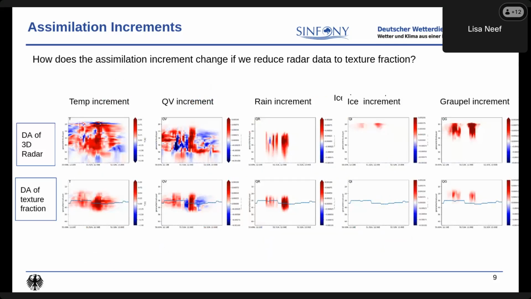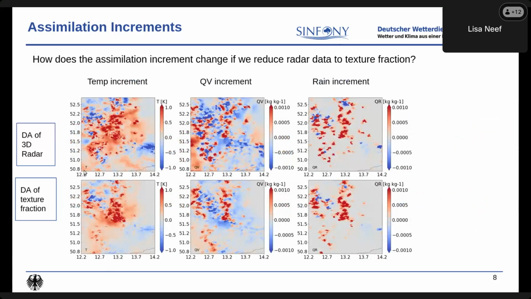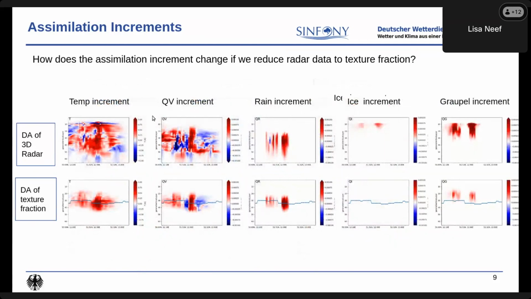So you can also look at vertical slices of this. In this case, I've also added increments in ice and graupel, just for fun. So these are, let me just quickly go back. If you take a horizontal line across each of these plots, and then plot a vertical profile at that horizontal line, you can see that the radar data, of course, which are three-dimensional, extend far more in space.